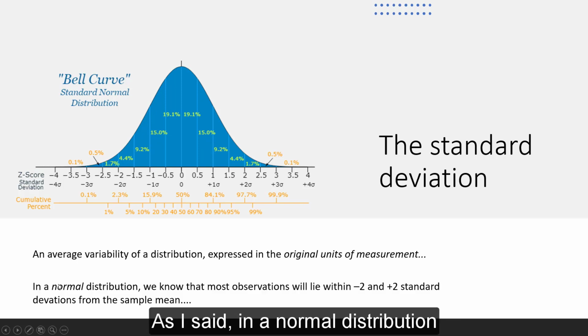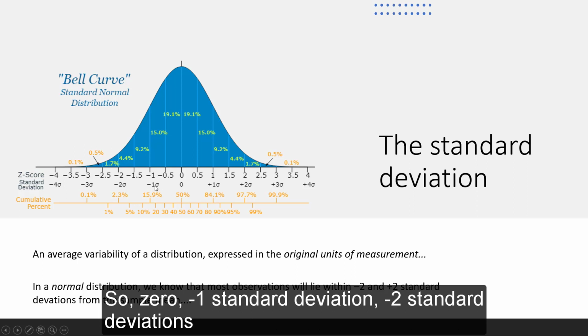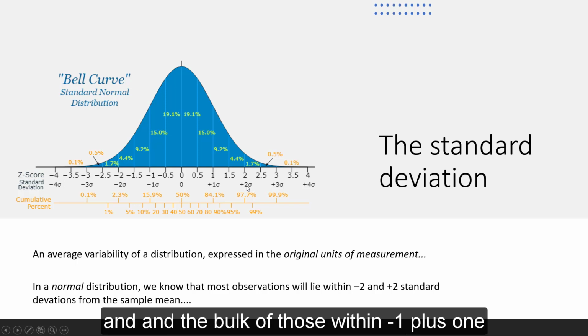As I said, in a normal distribution, and this is a standard normal, so we've converted it into standard deviations, so 0, -1 standard deviation, -2 standard deviations, most people are going to fall within -2 to +2, and the bulk of those within -1 to +1.